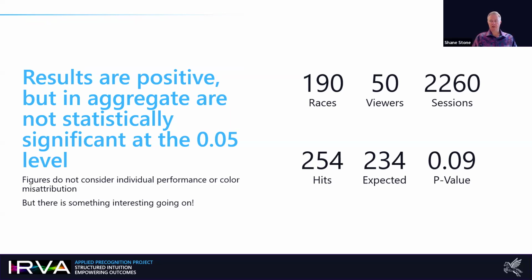For those of you that don't know what the p-value is, it's the probability that this happened by chance. So this is saying it's a 9% probability that this result has happened by chance. The threshold for it being statistically significant is generally regarded as 5%.